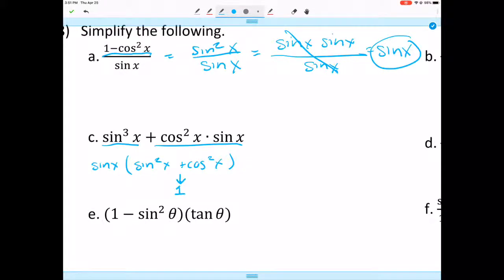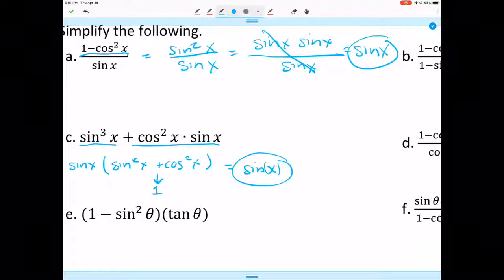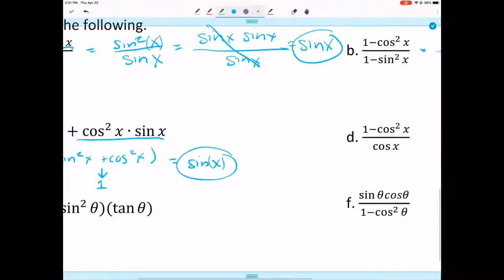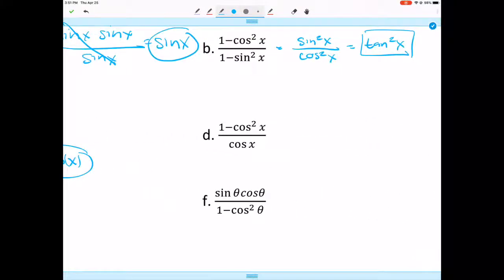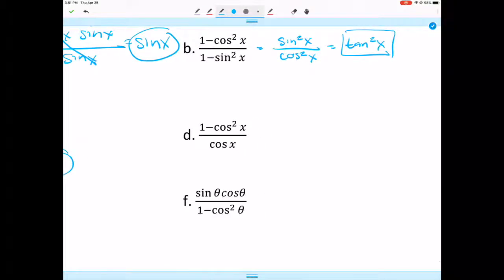So our answer would just be sine x times 1, or sine of x. Sometimes I don't put the parentheses around x, but either way it's the same. Just kind of a shortcut. I'm kind of lazy, I guess.